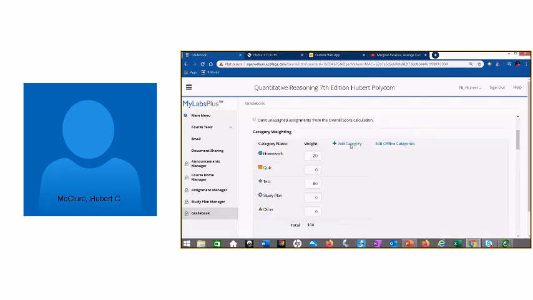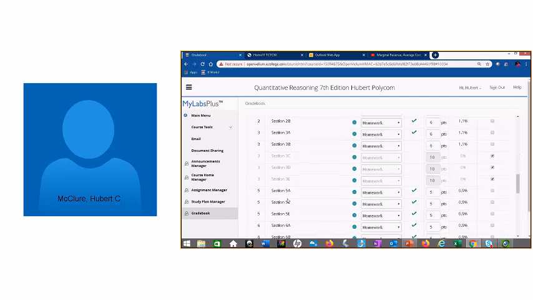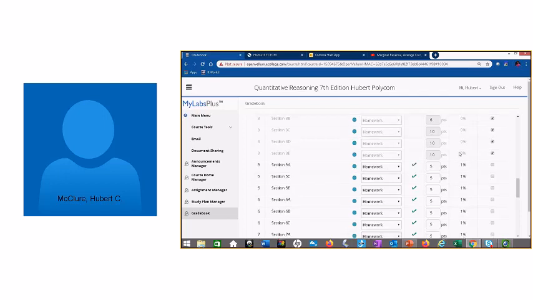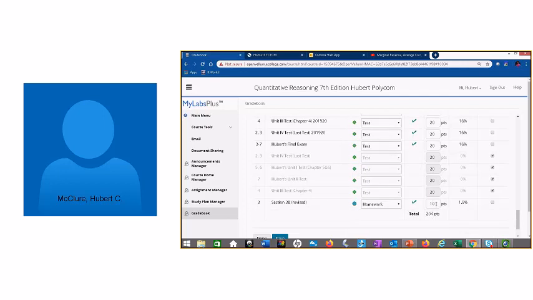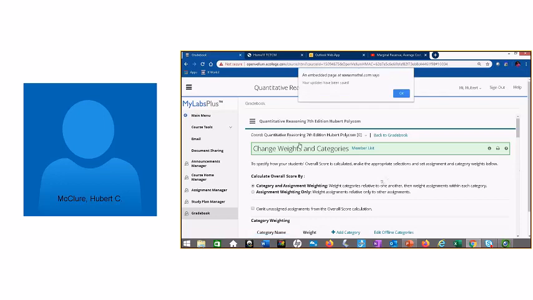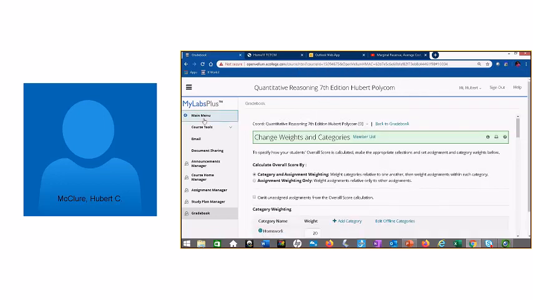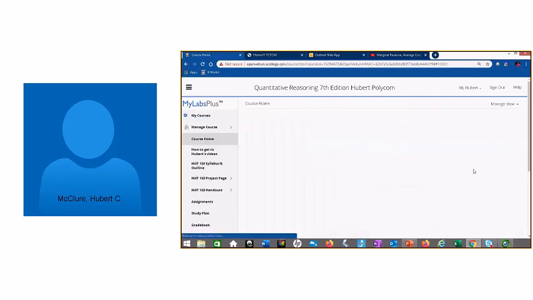Change weights. Take off 3B. Took that one off. Omit. And give this one 6. There we go. Okay, so now y'all just work on that homework, and you should be ready for the test, okay?